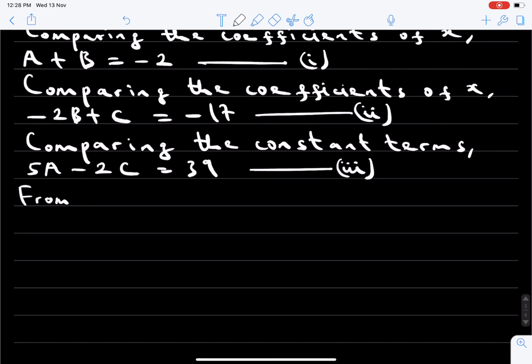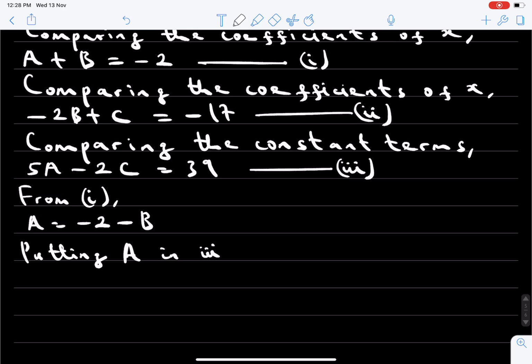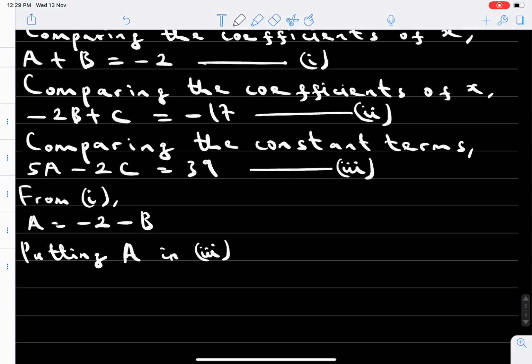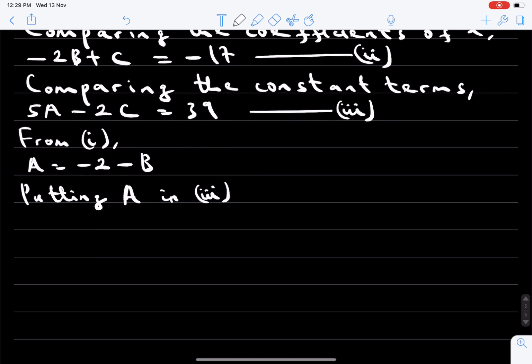Let's see what that means. From 1, a is equal to minus 2 minus b. So let's put that a in equation 3. Wherever you see a in equation 3, you write minus 2 minus b. 5a, which means 5 times minus 2 minus b, minus 2c is equal to 39.